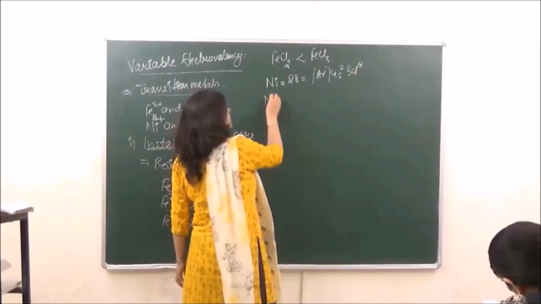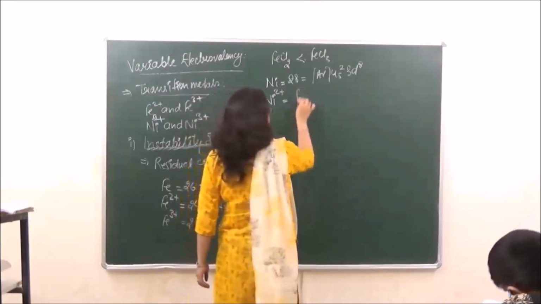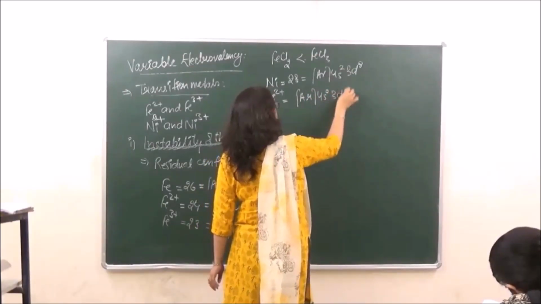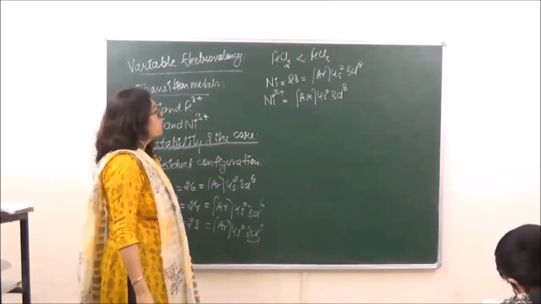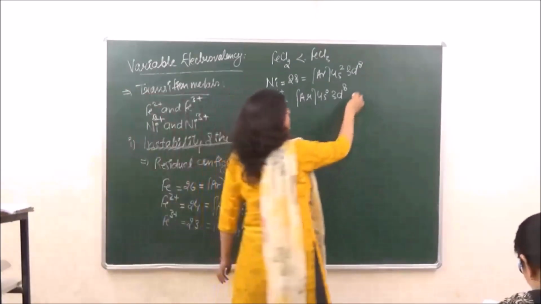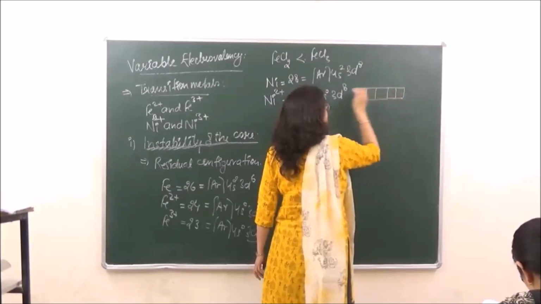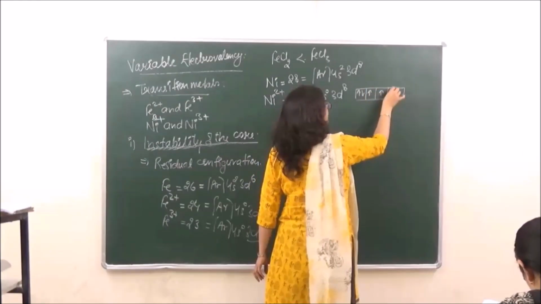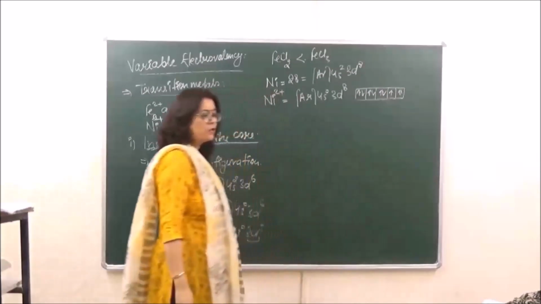Now the electronic configuration of Ni2+ is argon 4s0 3d8. In the orbital picture of 3d8, we have 5 orbitals, and 3d8 means 1, 2, 3, 4, 5, 6, 7 and 8 electrons. There are 2 unpaired electrons over here.